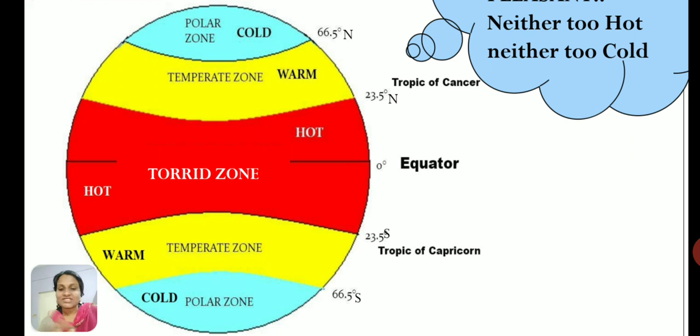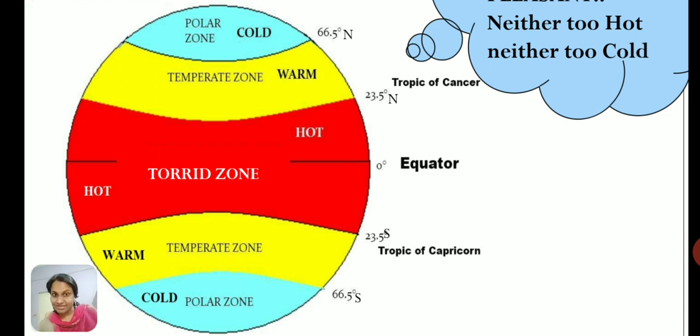All right, so let me just do this one more time. The temperate climate, which is warm, which is pleasant, which is not very hot, not very cold, lies between the Tropic of Cancer, that is 23.5 degree north, and 66.5 degree north in the northern hemisphere.